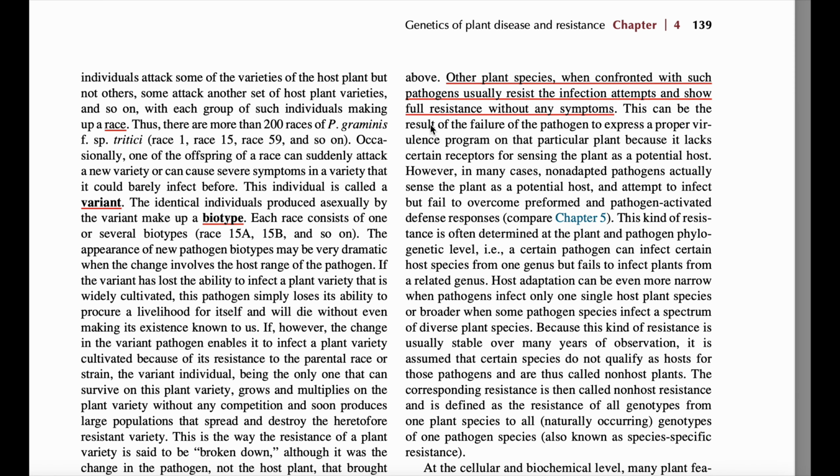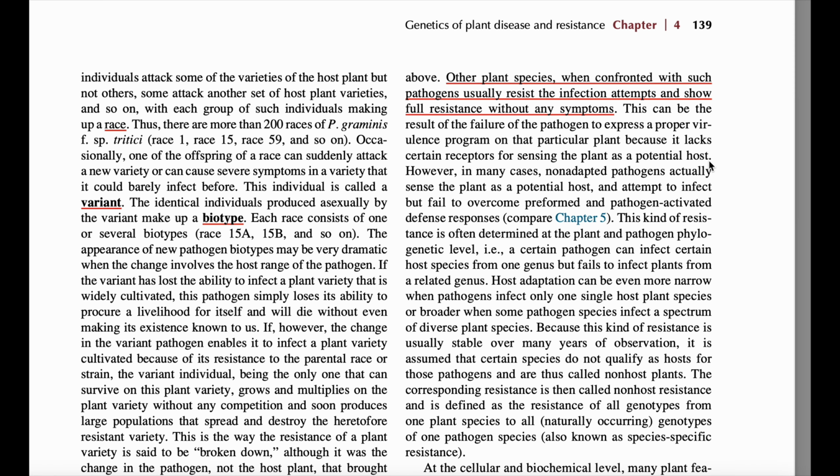This can be the result of a failure of a pathogen to express a proper virulence program on the particular plant because it lacks certain receptors for sensing the plant as a potential host. Puccinia is a rust pathogen, and Uromyces is a rust pathogen.